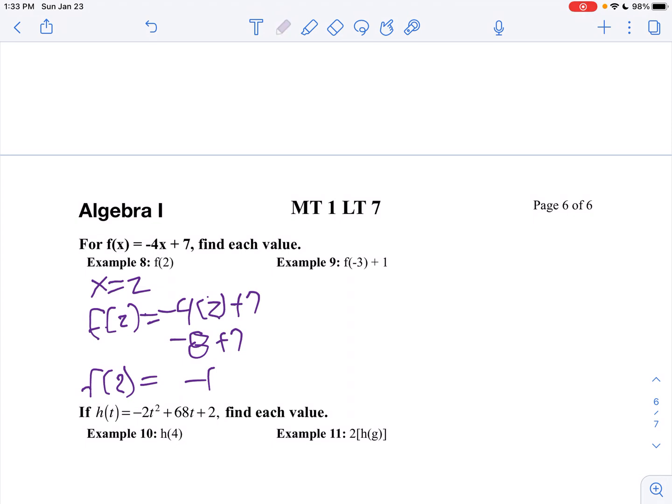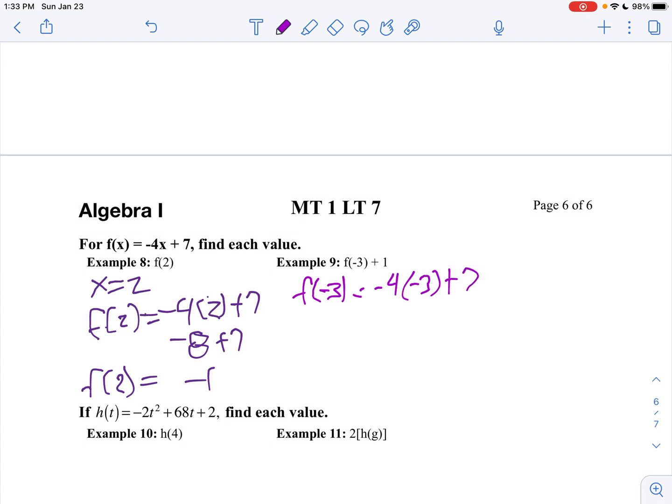Now, example 9 is similar. It's just a little bit more complex. I'm going to find f of negative 3. Then I'm going to add 1. So first off, f of negative 3 is going to be negative 4 times negative 3 plus 7.